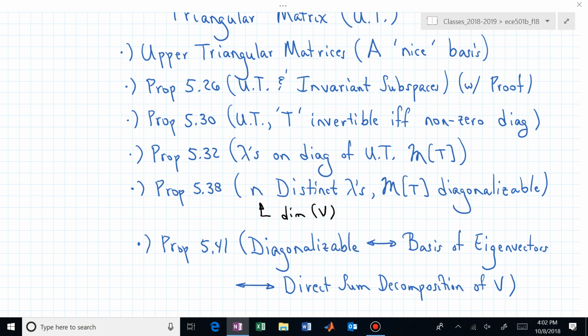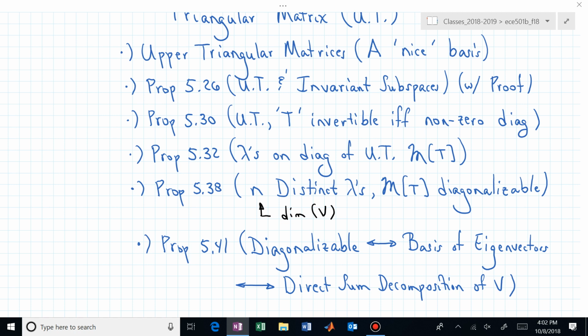One is, if you do have an upper triangular matrix, you can now, by inspection, learn a lot from that matrix. And one thing that you can learn is that just by looking at the diagonal entries on that upper triangular, if they're all non-zero, then you can invert that matrix. That's proposition 530.